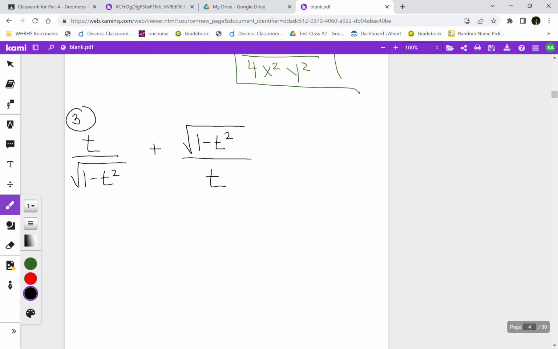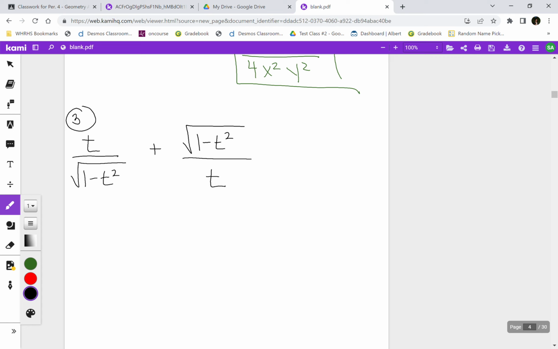I do not want you creating a common denominator without first rationalizing, right? There's something illegal here. We're not going to create an illegal denominator. We want to rationalize first, get rid of that illegal denominator, and then create a common denominator. So this is the root of 1 minus t squared. Can I just multiply it by itself to get rid of the radical?